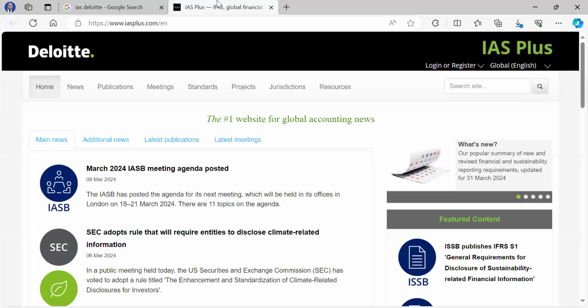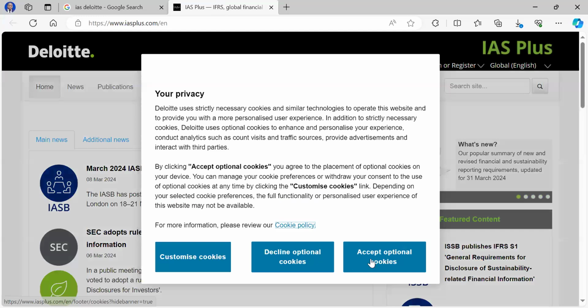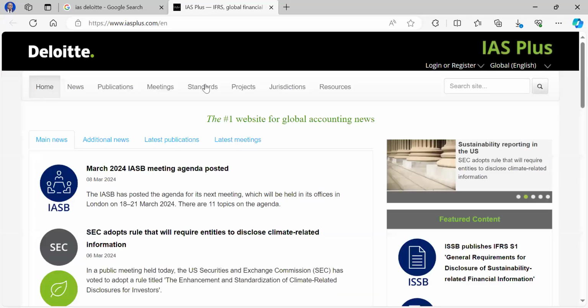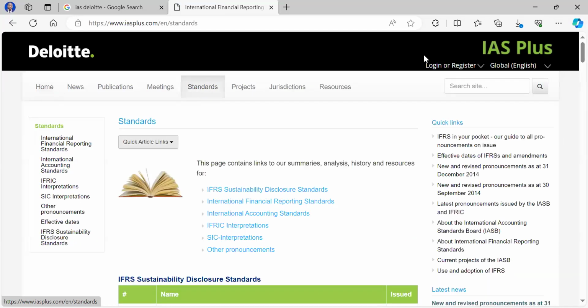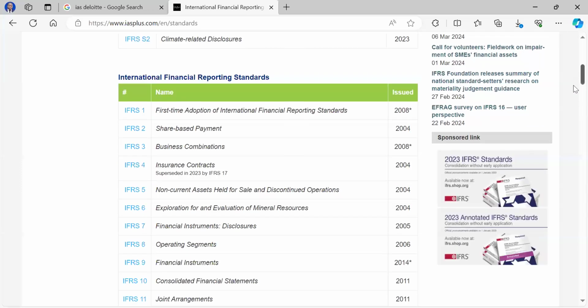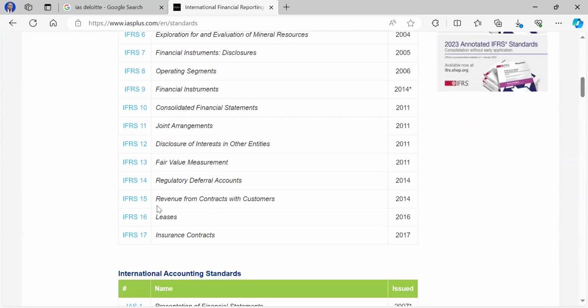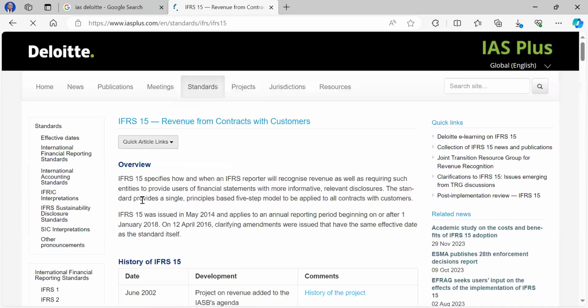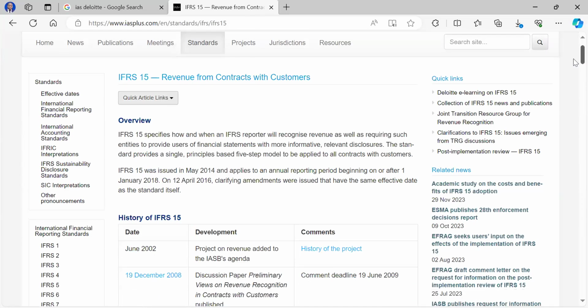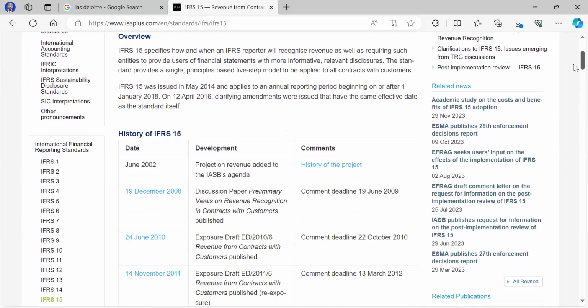When you come to this site, okay, accept all cookies, just come to standards, and it will have quite a number of standards here that you can look at. And whatever you click on, for example, if it's revenue from contracts with customers, they tell you when it was issued. So they'll give you an overview. They'll give you the history of this standard.